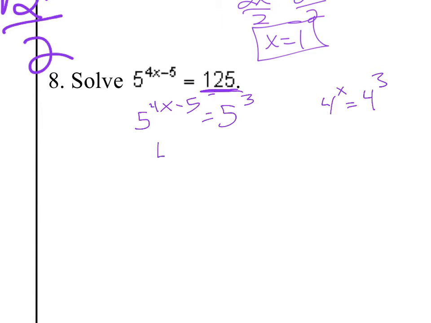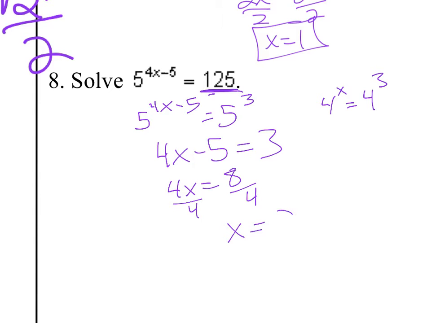So now I can set 4x minus 5 equals 3. Now I can solve this. It's a simple equation with one variable. Easy peasy. Add 5 to both sides. Divide both sides by 4. X is 2. This is another one that the back had a different answer, I believe.